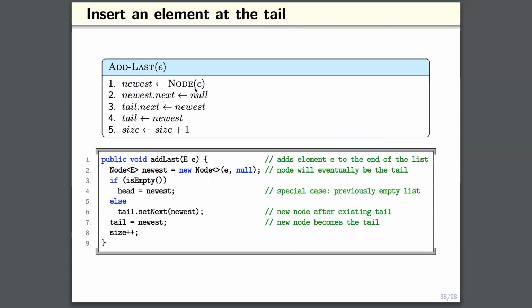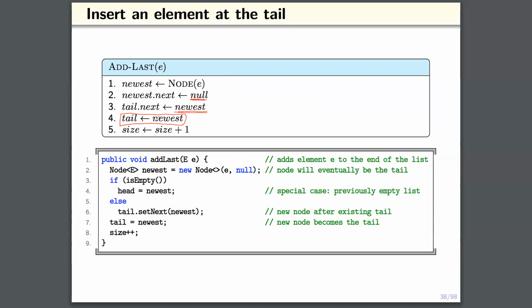Okay, so Newest is equal to node. Newest next is null because it's the last node, so it has to point to null. Tail next is equal to Newest, right? And tail, the node inserted at the last position, will automatically become the tail.